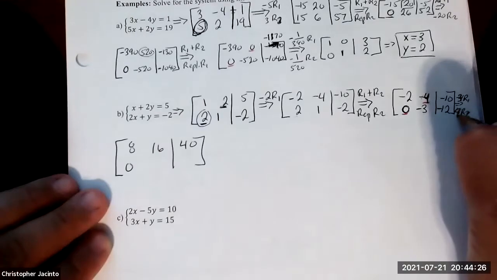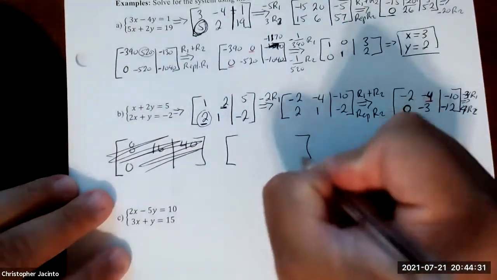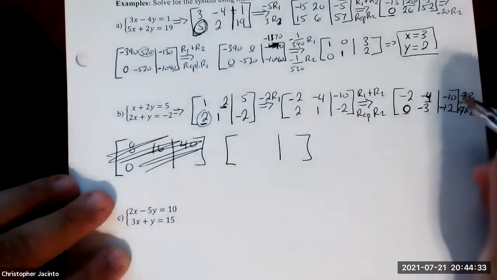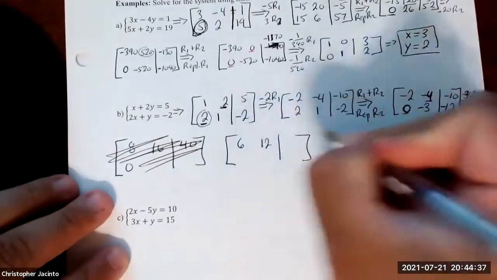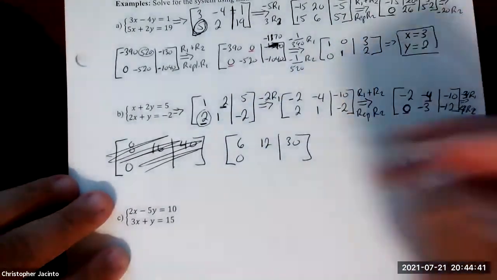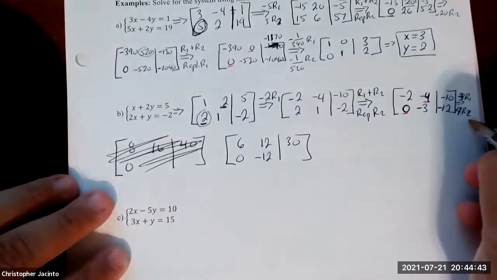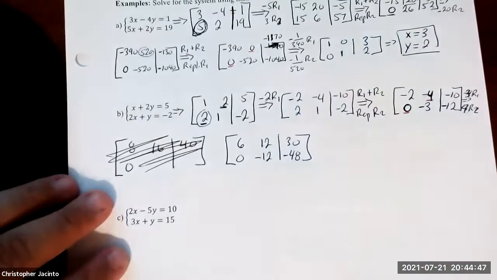This is by 4. Let me start over again. This is 3. -3, 6, 12 and 30. There we go. 0, -12, -48. There you go.